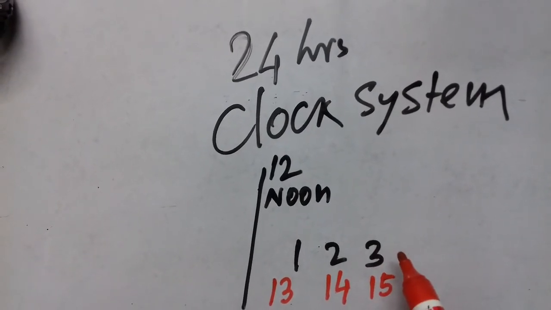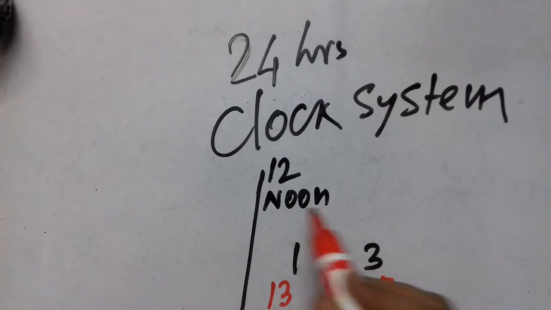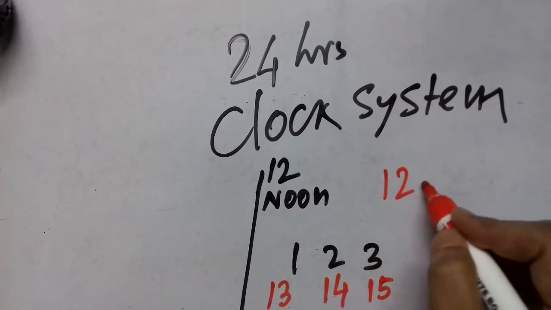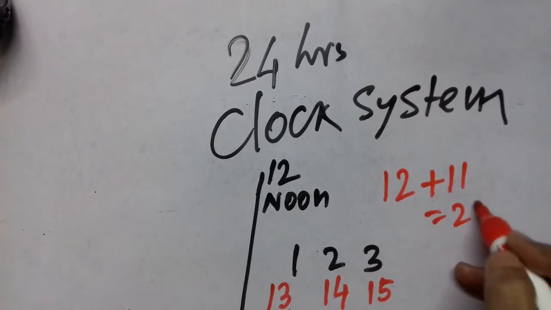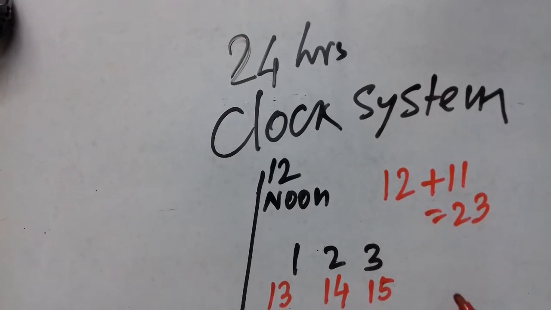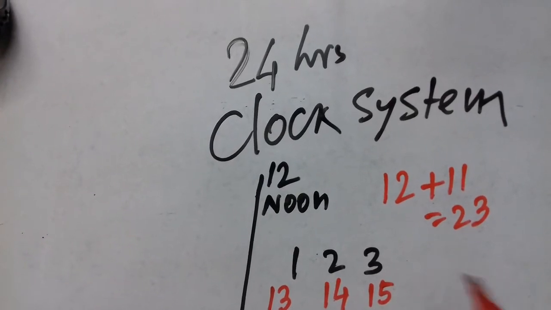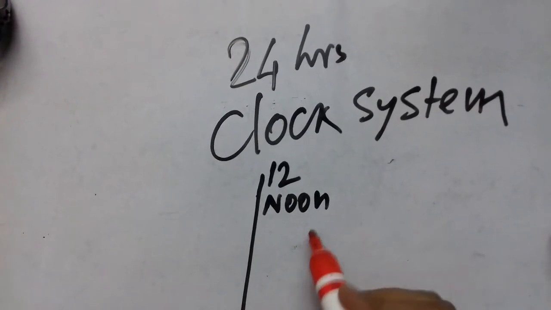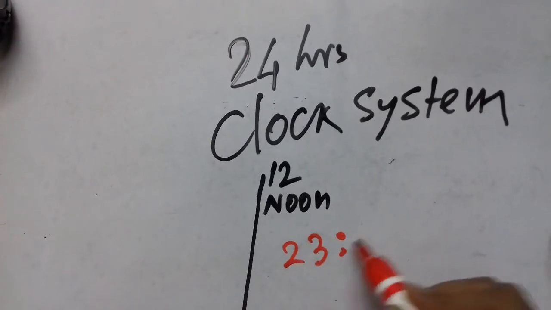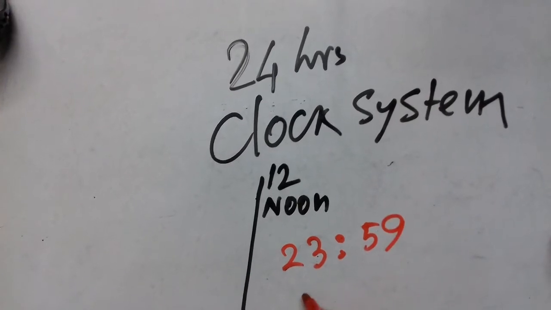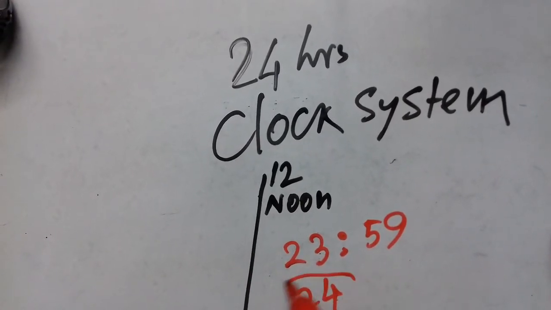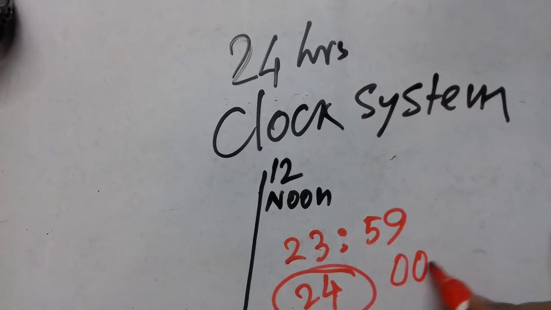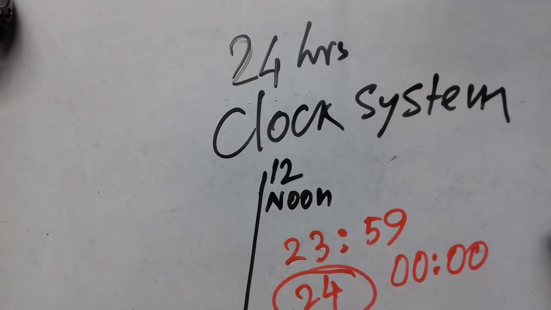So at midnight, after 11 hours, the time will be 23 hours and some minutes. After 23 hours 59 minutes, we will have 24 hours. This way 24 hours is completed. Again, the time will be shown as 00.